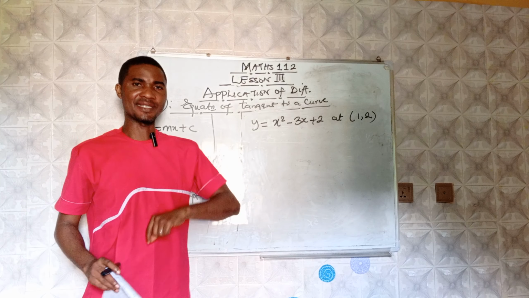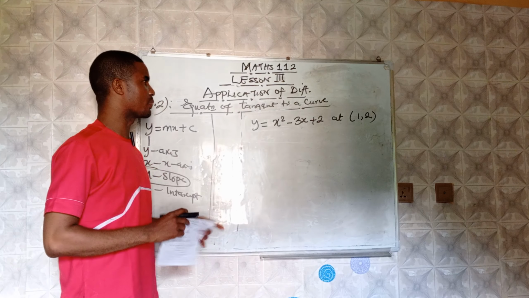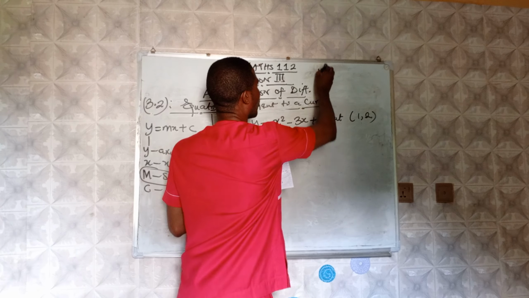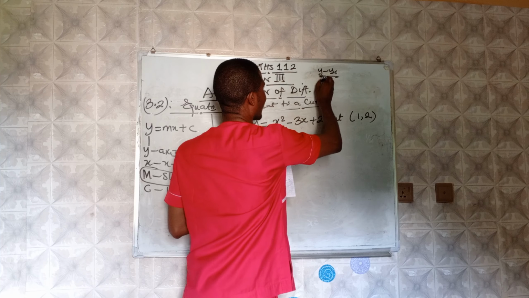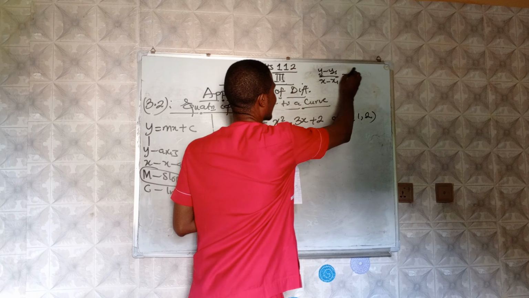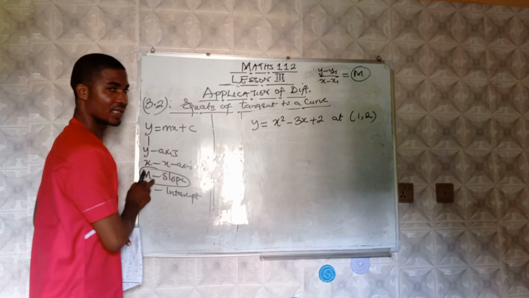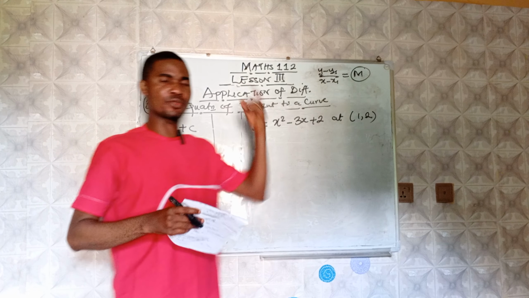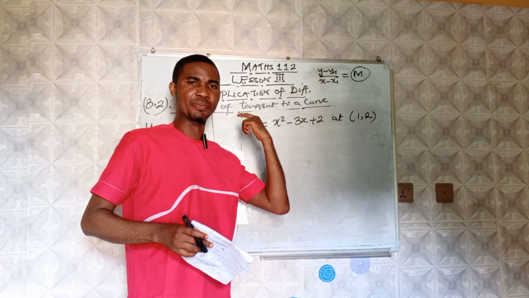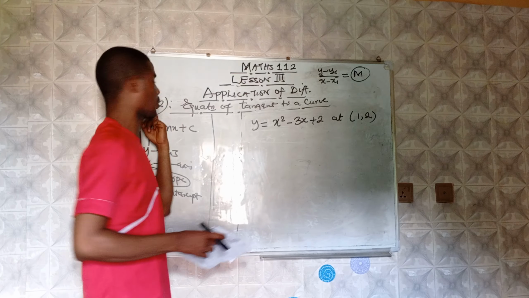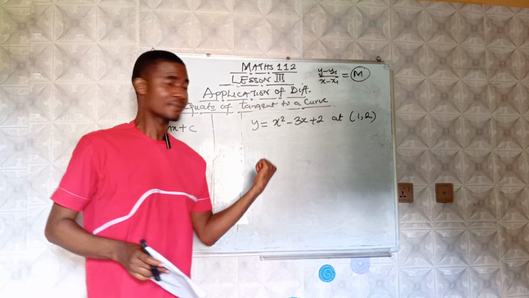So what I'm going to do first is to find my slope. Remember that we are using y minus y1 over x minus x1 equals m, where m is my slope. I taught us how to get the slope in 3.1, which you also call gradient.